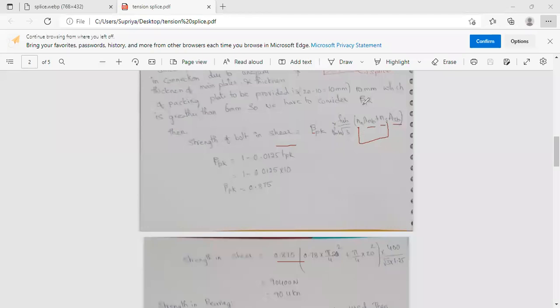Okay. So Anb means 0.78 into pi by 4 d square. Sorry, Anb means 0.78 into pi by 4 d square.